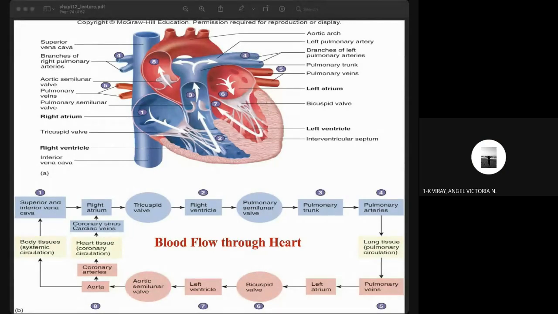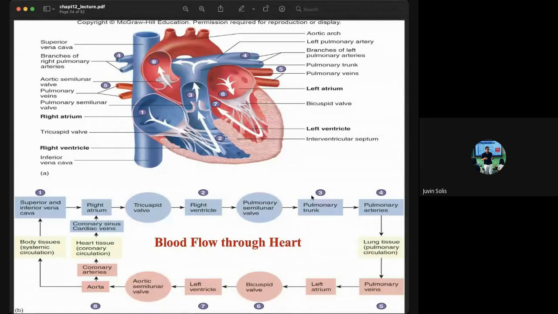Yes, sir. So if you will just read this part on your book or here in this illustration, you will understand the flow of the blood in our heart. Kung saan yung mga dadaanan niya, kung paano makakapunta si blood from atrium going to right ventricle, ano yung dadaanan niya muna?